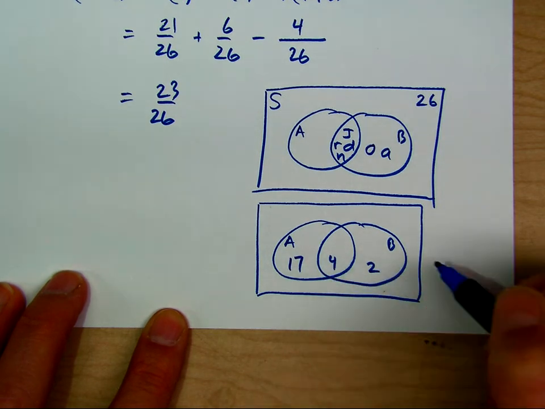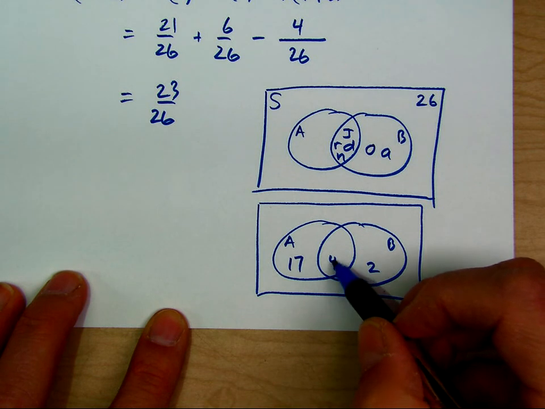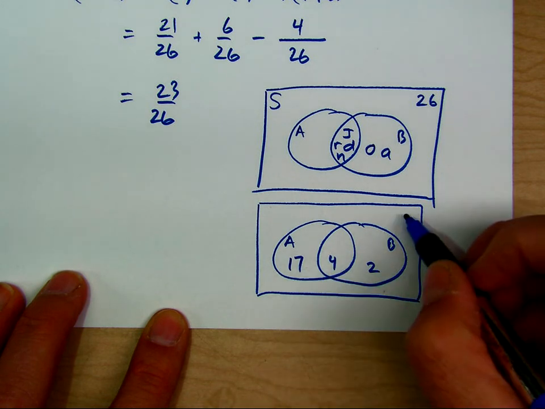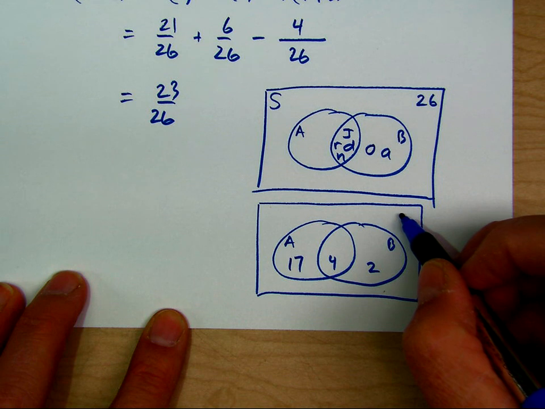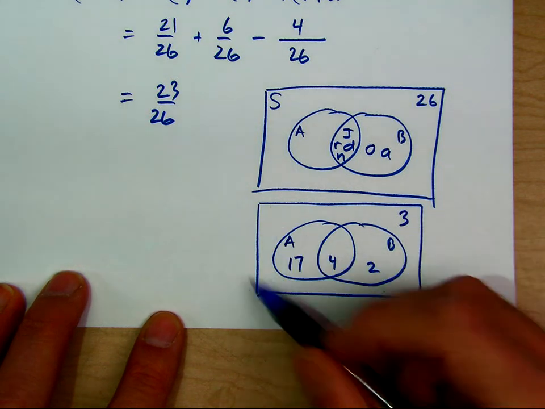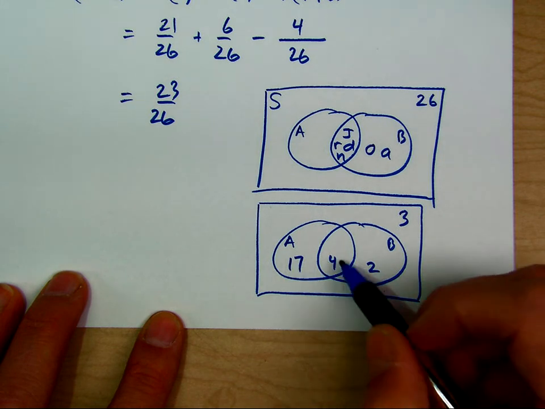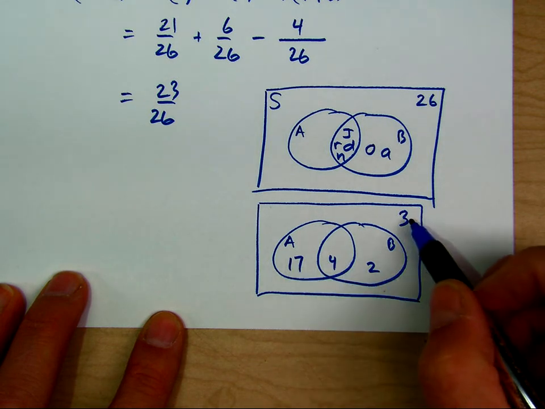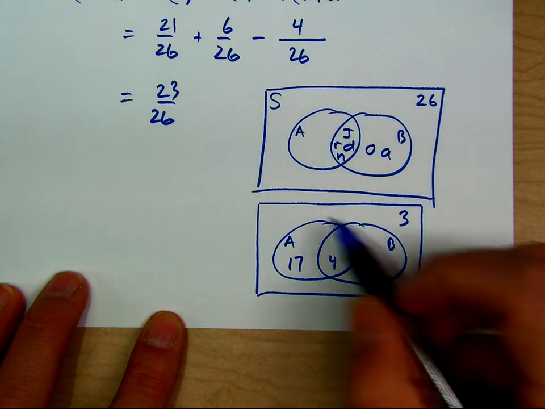And if we add all this up, we have 6, that's 23, and that'll give us 3 left in the alphabet that are not a consonant and not in Jordan. Those are the 3 vowels that are in neither of these events.